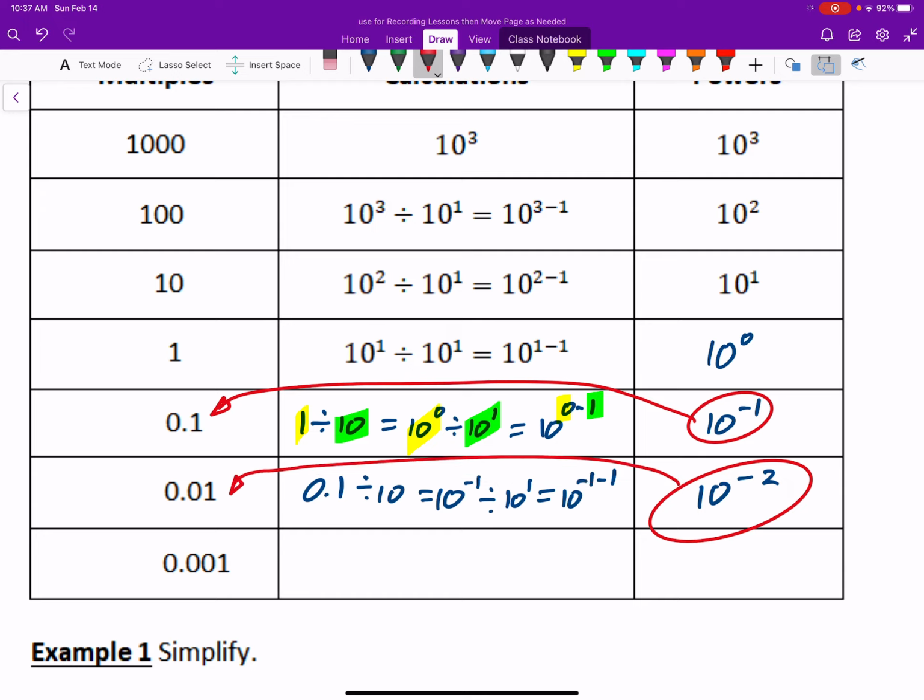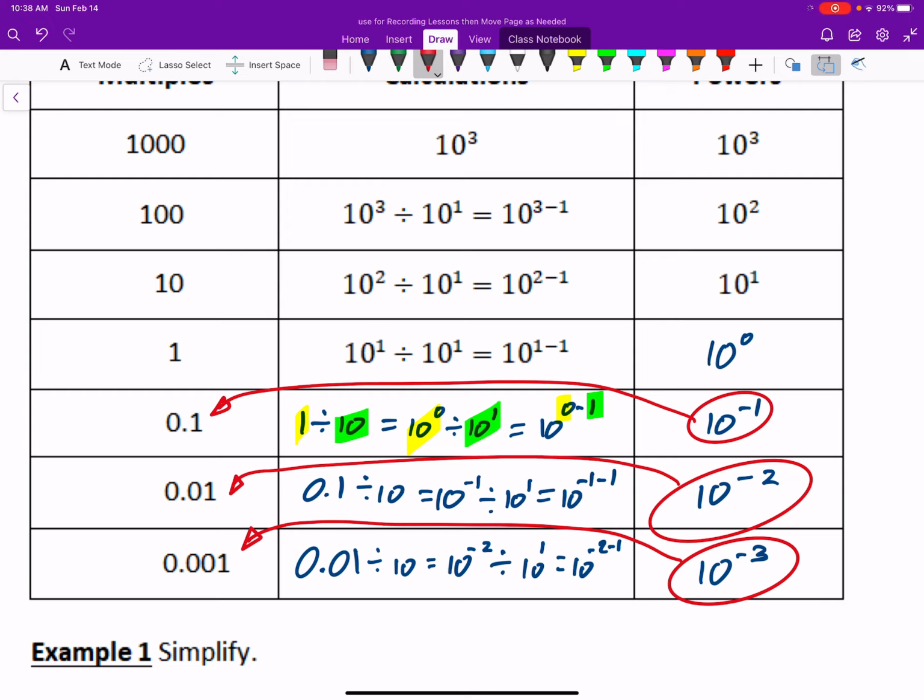So maybe you can see a pattern going on here. 0.001 is 0.01, 1/100th, divided by 10 again, which is the same as 10 to the negative 2 divided by 10 to the 1, which is 10 to the negative 2 minus 1, which is going to give us, you probably guessed it, 10 to the negative 3.